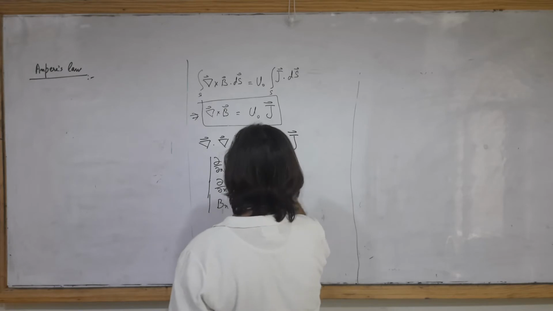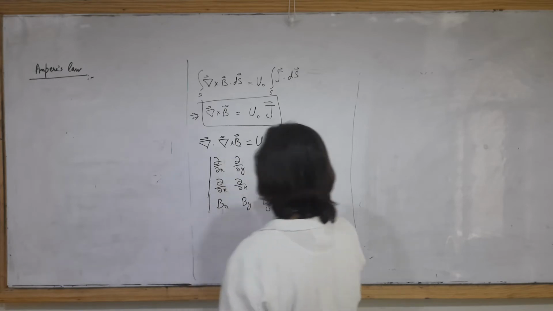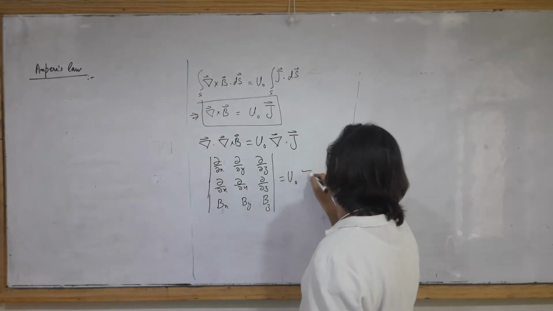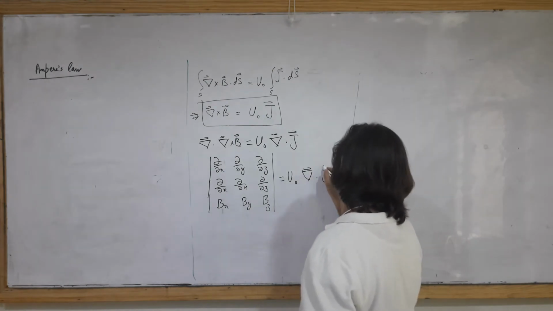On the left-hand side, this is equal to mu naught del dot J.